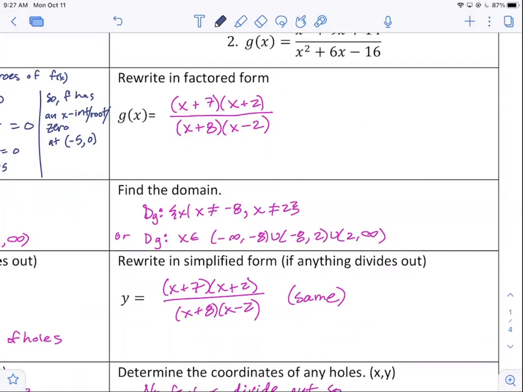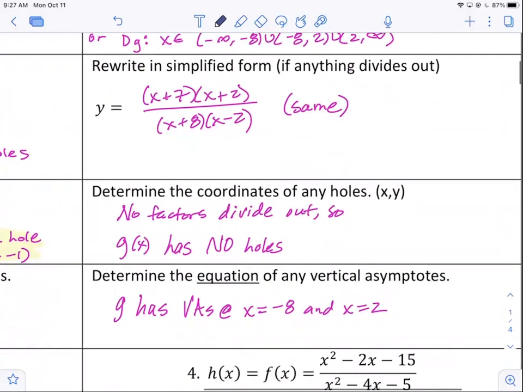If nothing divides out, Brady, then nothing's removable. And therefore, those two values that are non-removable that make the denominator 0 are vertical asymptotes. So g of x has no holes. Again, that's what I would be looking for. My note to you on Friday in my absence was no factors divide out. So you're like, oh, that's why they're both VAs.